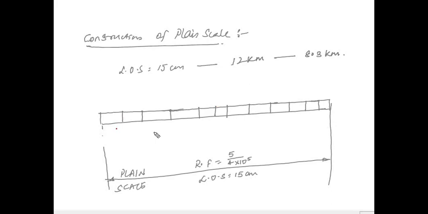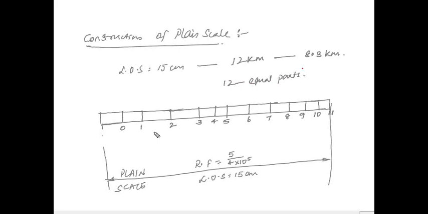You could leave the first division here and then write 0, 1, 2, 3, 4, 5, 6, 7, 8, 9, 10 and 11. And these are 12 parts: 1, 2, 3, 4, 5, 6, 7, 8, 9, 10, 11 and 12. Once again, these are not equally done here, but when you draw on the drawing sheet, there should be 12 equal parts. Please remember, 12 equal parts.